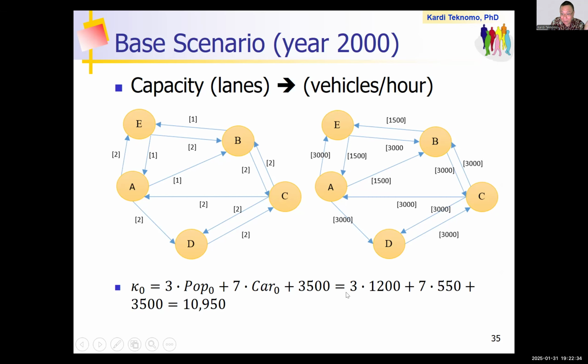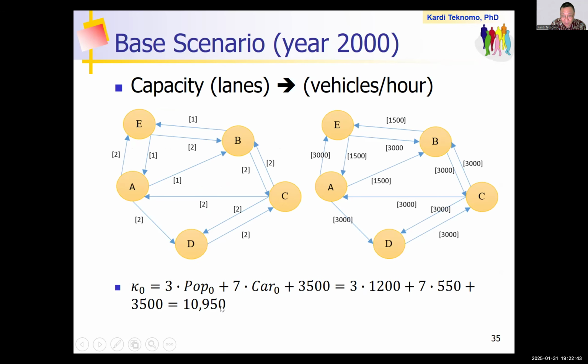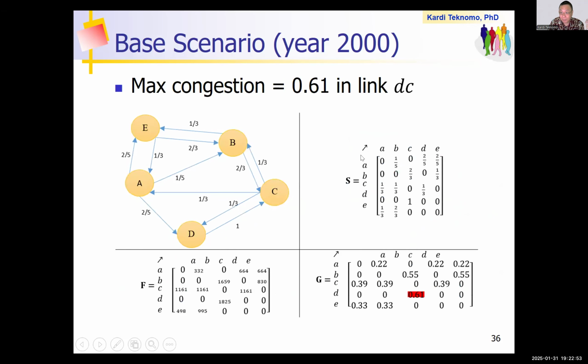Yeah. So initially in the year 2000, okay, you have this one, yeah, 1,200 and 550. So initially you have say K0 is 10,950. Okay, so then we can calculate the ideal flow. Okay.